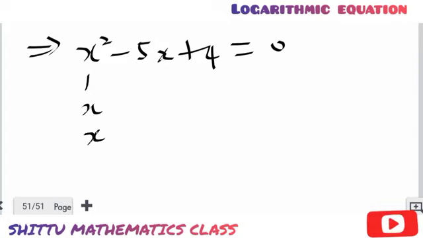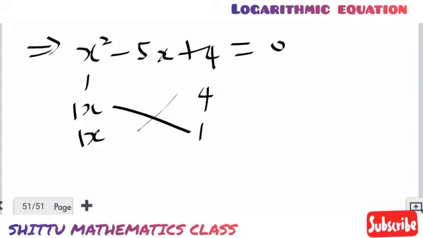cross method. The first term can be written as 1x times 1x, which will give us x squared, and the last term can be written as 4 times 1, which will give us 4. So we do cross multiplication, and here we have 4x, here we have 1x.